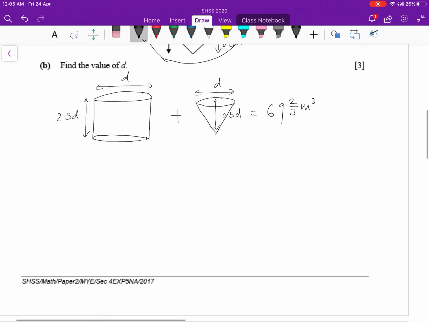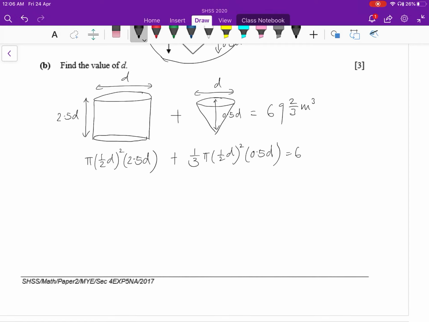Now, if you remember the formula of the cylinder, it is pi r squared h, where r is half of the diameter: pi times (d/2) squared times 2.5 d, plus the cone, which is 1/3 pi r squared h. Equate it to 69 2/3.